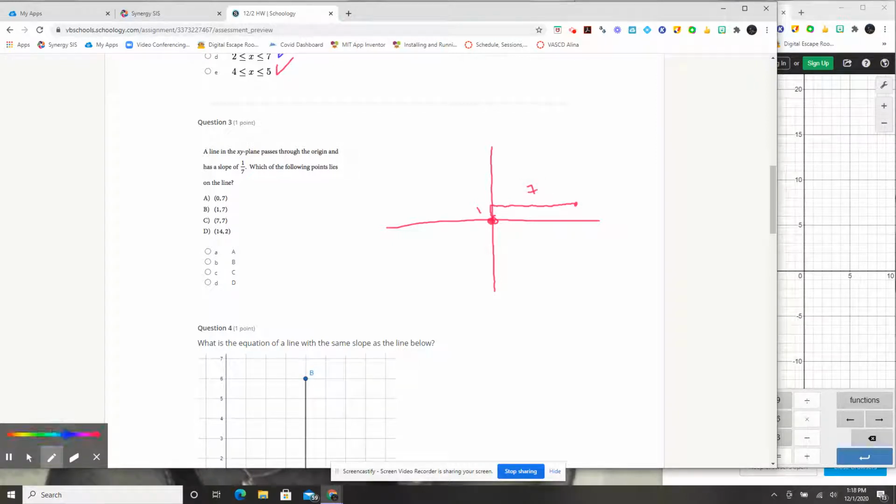So I'm going to take my stylus, I'm going to just plot them. 0, 7, that's A. That's not going to be on that line. 1, 7, oh, that looks good. That's B. 7, 7 is not going to be on that line. That's C. And then 14.